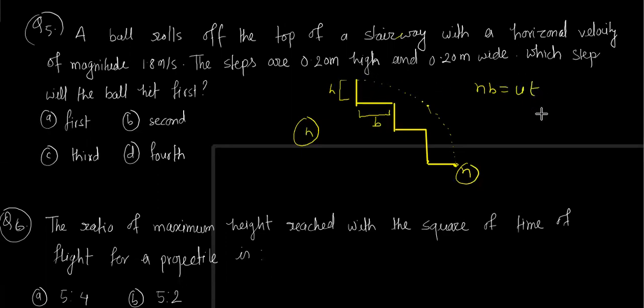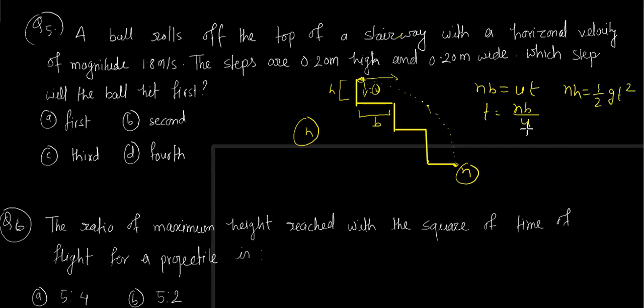Here u represents the horizontal component of its velocity, and this one is vertical. So from here we can calculate the time, which is equal to nb by u. Now for vertical motion, the total distance traveled by the ball in the vertical direction will be nh, which is equal to, initially we suppose the initial vertical velocity to be 0, half g t square.